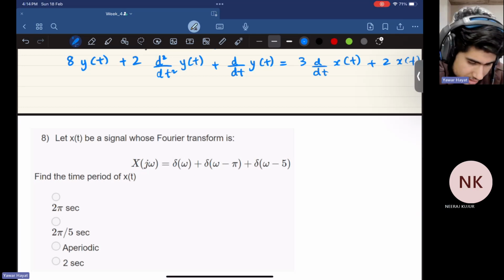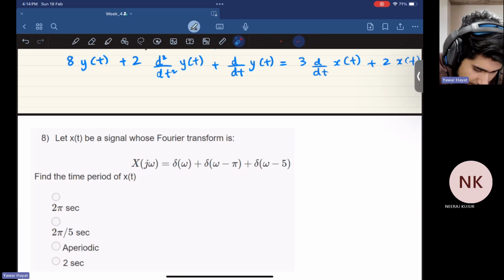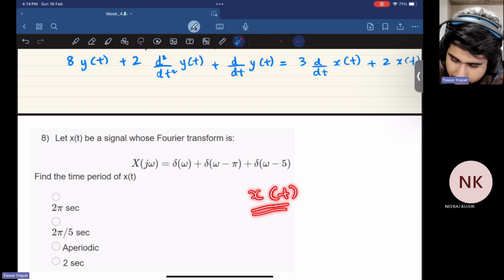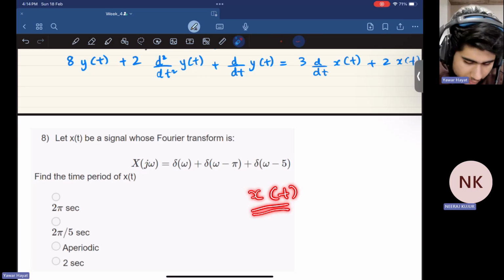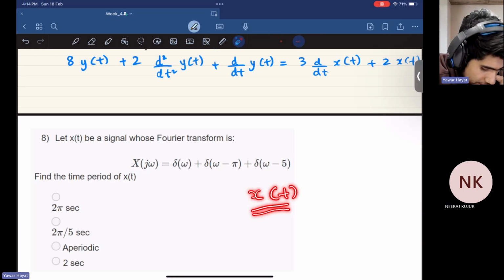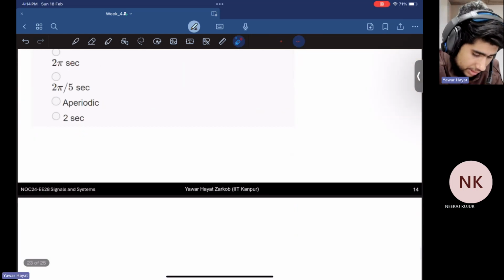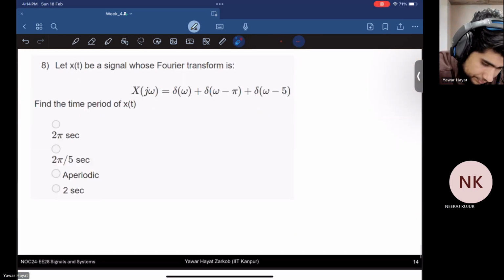So we need to do two things. First, compute the inverse Fourier transform of this one, and then once we get that x of t, compute the time period. We are well aware how we can compute the time period, so let's see how we can do this one.